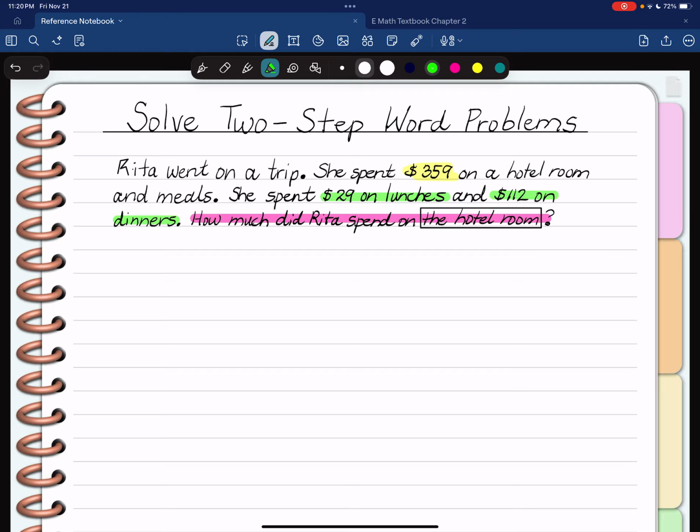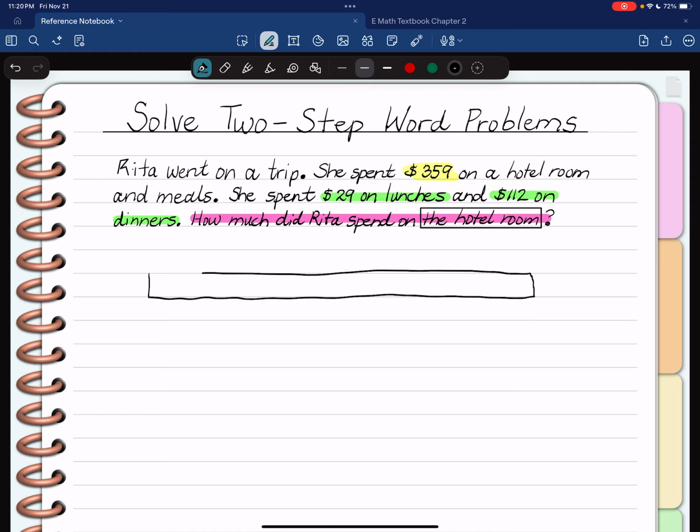So they want us to use a bar model, and I think that's a good strategy here. So draw yourself a bar. It doesn't have to be perfect, it's just a sketch. And this bar represents the total amount spent. And we know that that was $359 in total. And we know that she had 3 expenses.